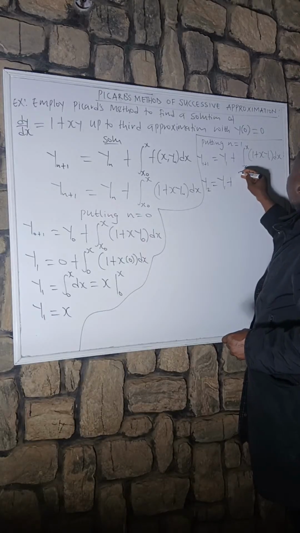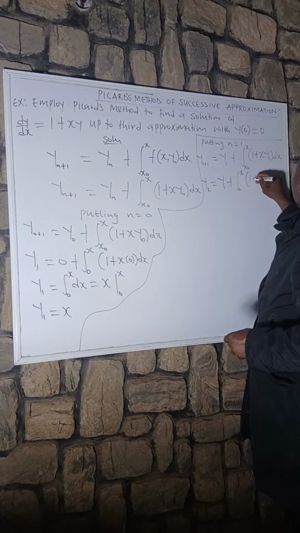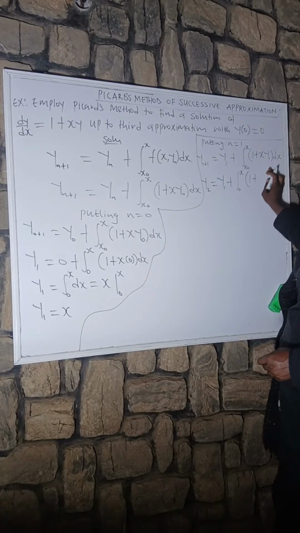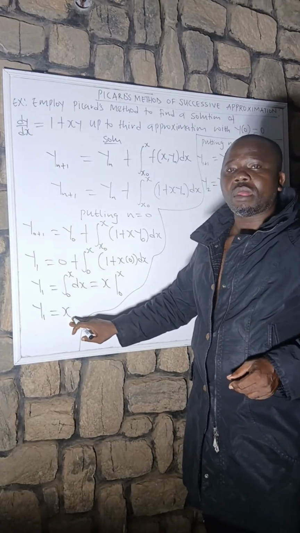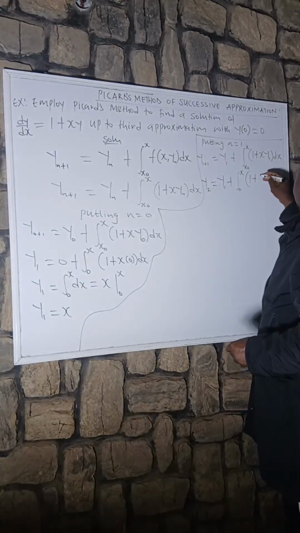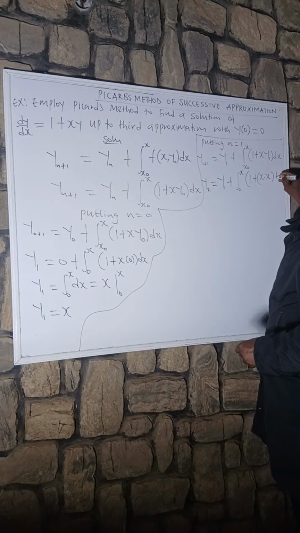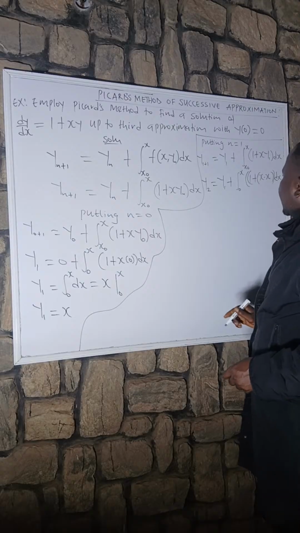So here would be the integral from 0 to x of open bracket 1 plus x times y1 close bracket. What is our y1? Our y1 is x. So here would be x times x, which is x squared.